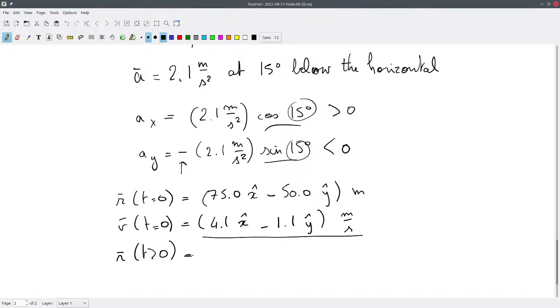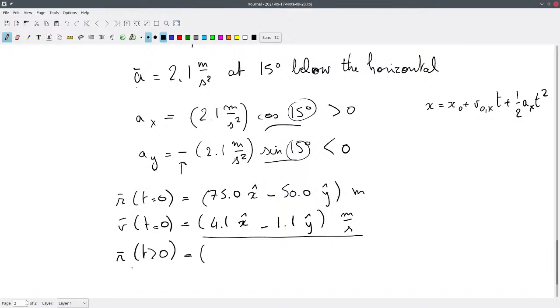So we can of course go back to our formulas, which were that for individual motion along one axis, x is x0 plus v0x times the time plus 1/2 ax t squared. So the same thing will be true here, except it will be true for both x and y independently.